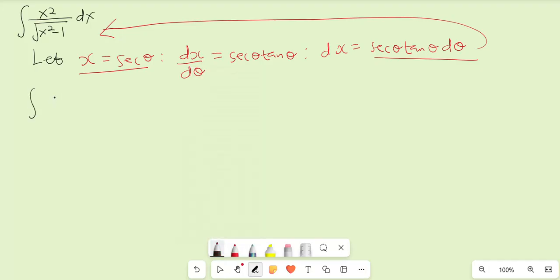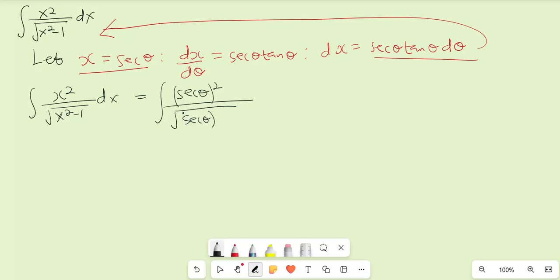So our integral, we are now taking the integral from the x world into the theta world. That should be equal to the integral of x squared, x is secant theta squared, divided by the square root of x squared, x is secant theta squared, minus 1 times dx, dx is secant theta tan theta d theta.